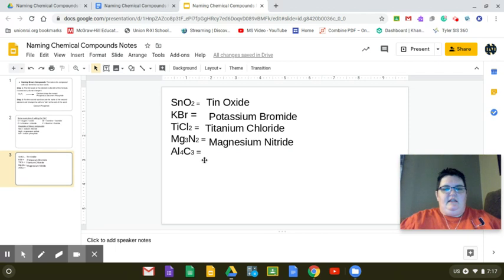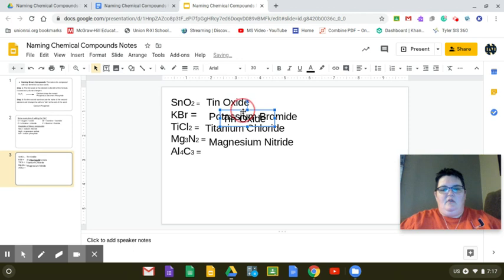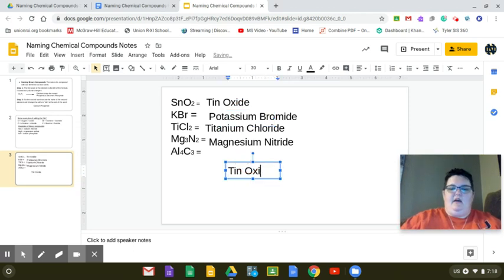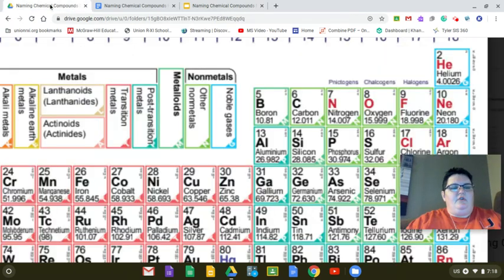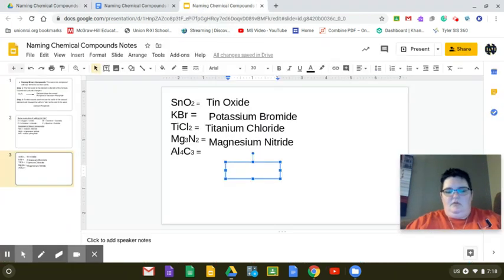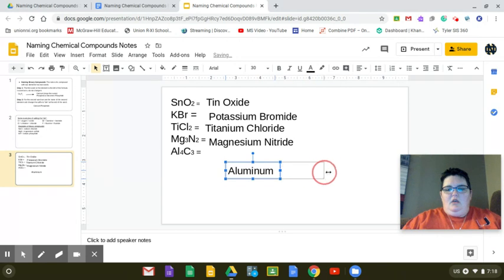And then finally, our last one is Al, which, if we go to your periodic table, is right here. Al, number 13, is aluminum. And so it's our first one, so aluminum stays the same. And then we've got C as our second one here. C is carbon.